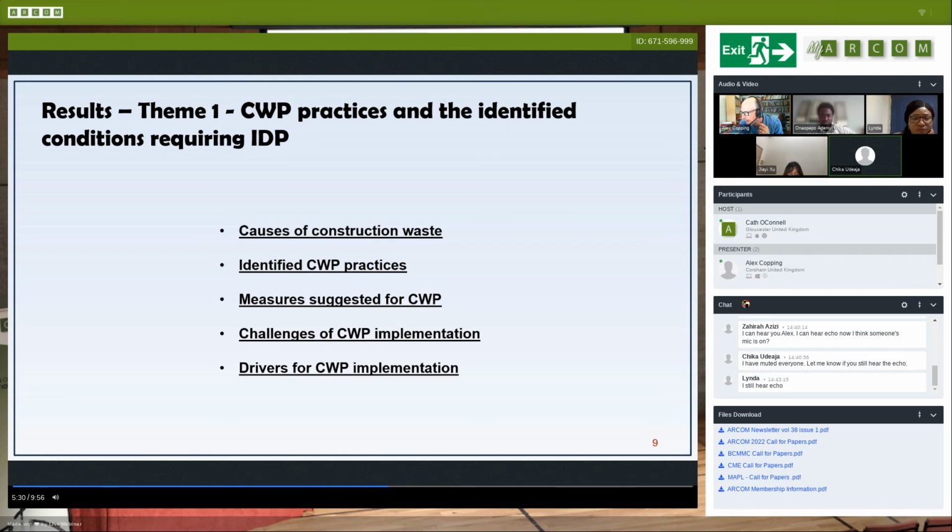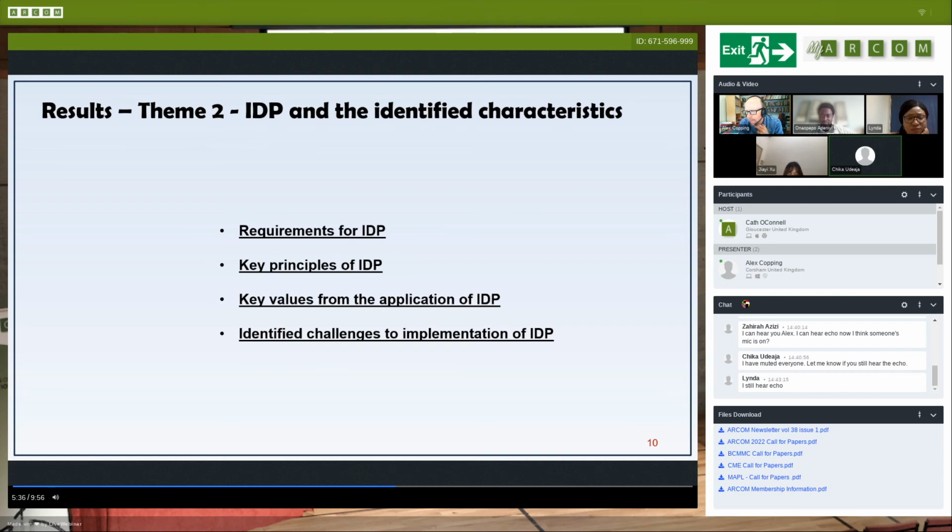The details of these are contained in the research paper. Under theme 2, the subcategories considered on IDP include requirements for IDP, key principles of IDP, key values from the application of IDP, and identified challenges to implementation of IDP.